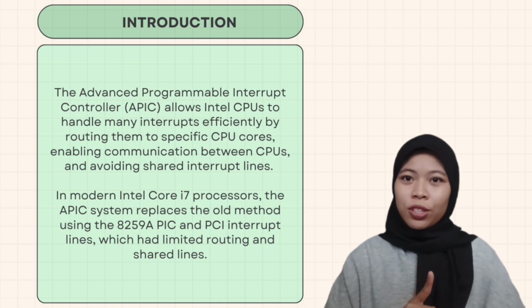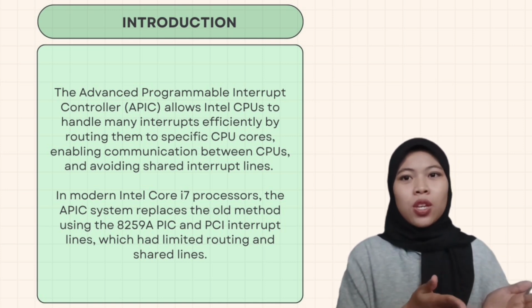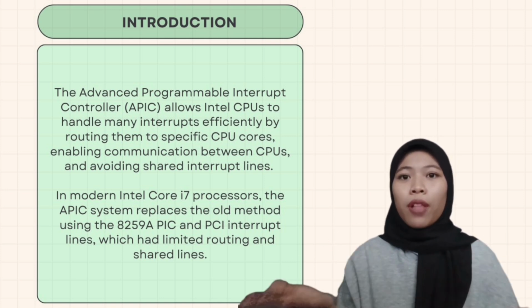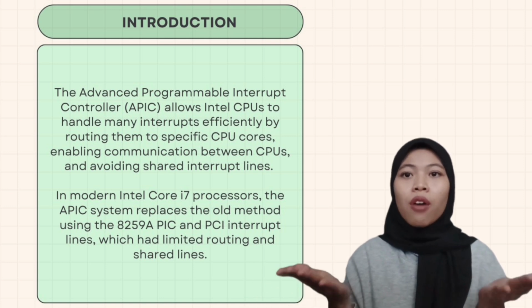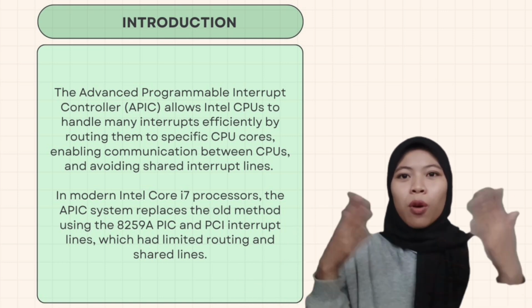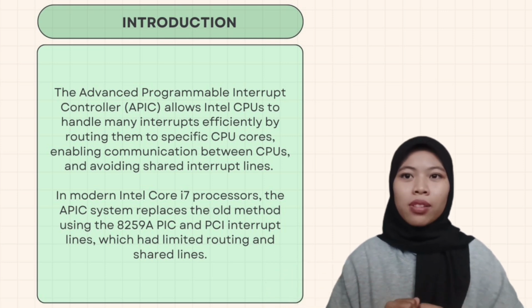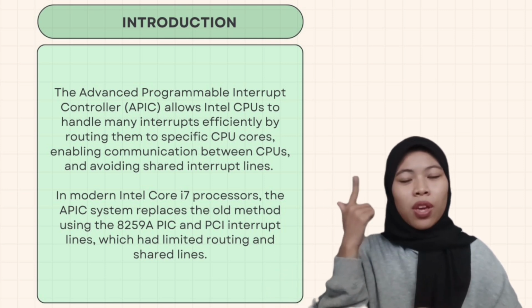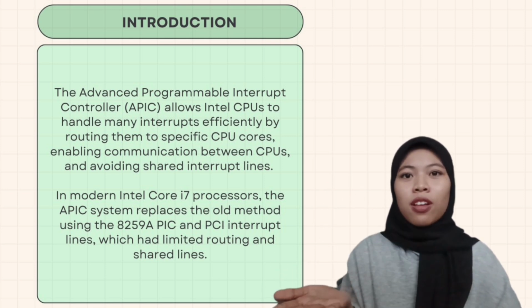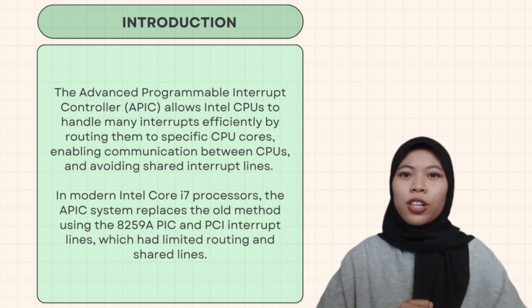This evolution from PIC to EPIC reflects how processors have grown more complex and more powerful. With many cores now operating in parallel, having a smarter way to direct and manage interrupts is no longer optional.